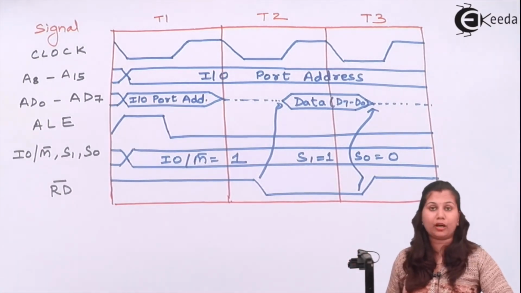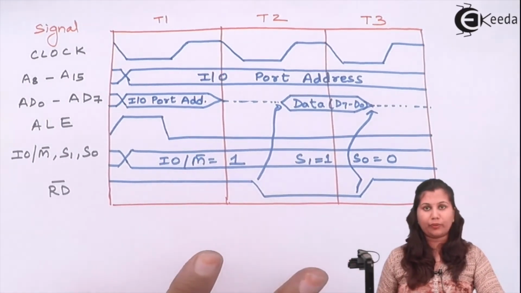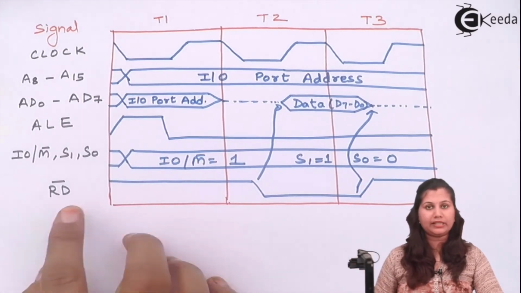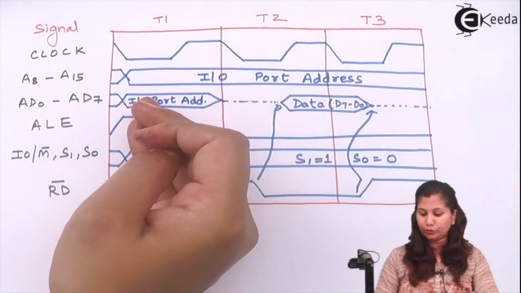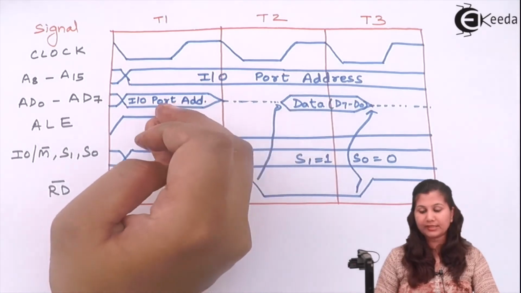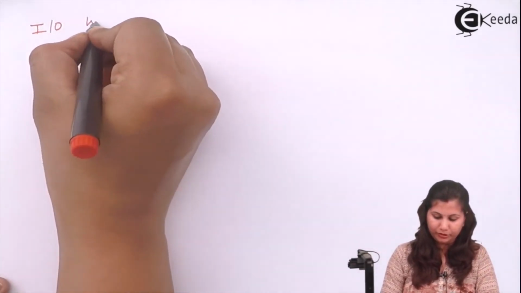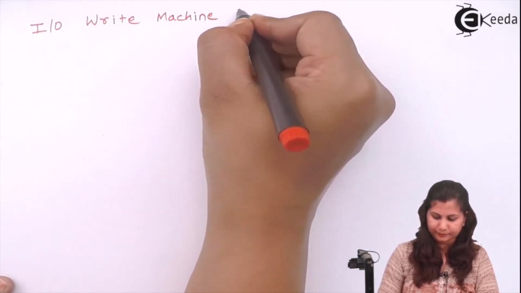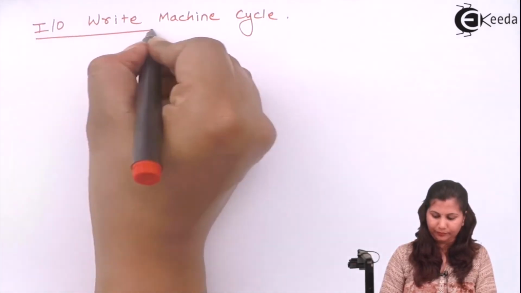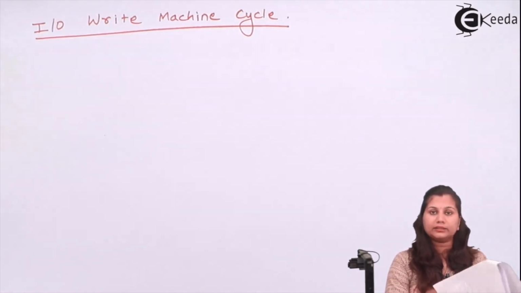Next, we have the input output write machine cycle. It would be the same as this machine cycle. It will also require 3 T states, and instead of the read signal, we will have the write signal. That means the data which is available here will be written into the port whose address is available on the buses.